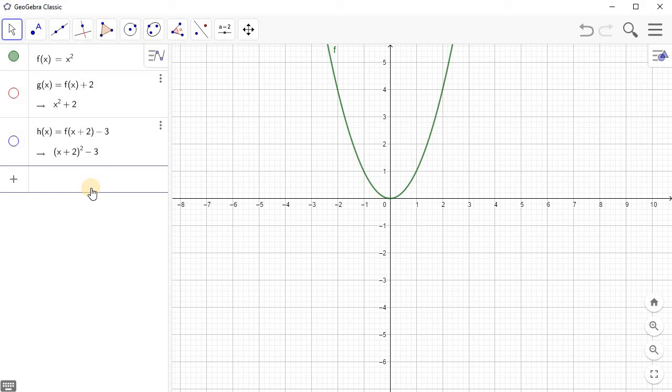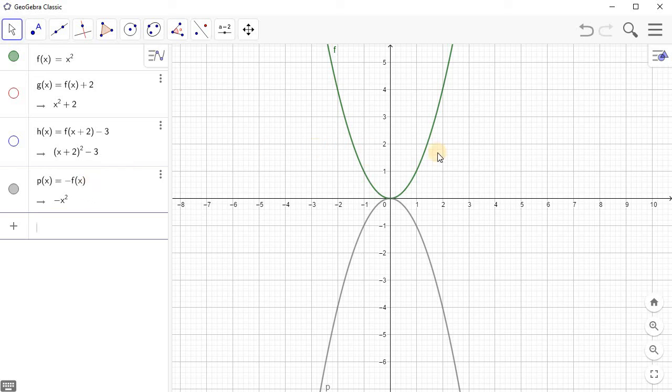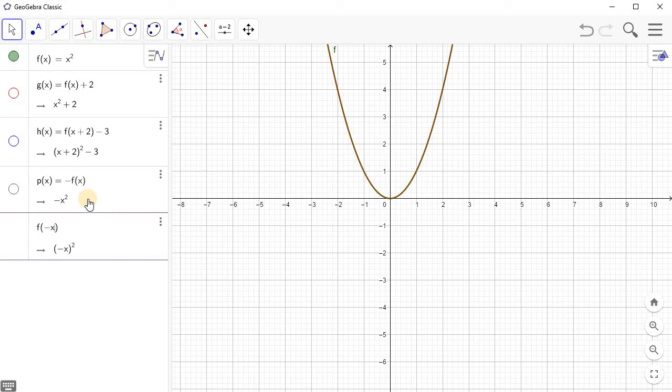So now let's take a look at negative f of x. And you see what that does? It reflects it about the x-axis. All right. And then if we look at f of negative x, well, you can't tell because this is symmetrical about the y-axis. But look at this.